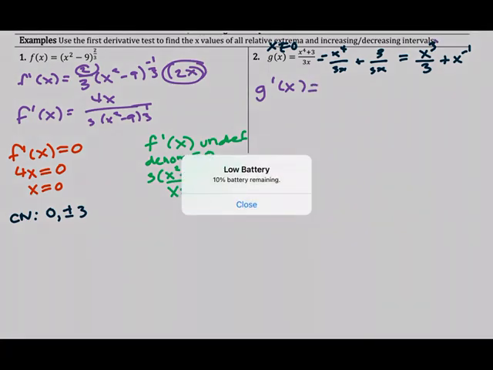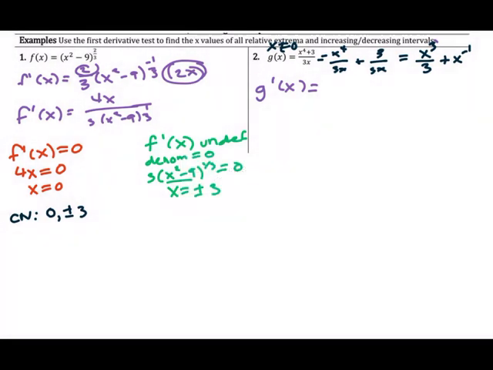If I take the derivative here, this 3 is going to drop down in front, and then it's going to divide out. So that's going to give me just x to the 2nd power. If I take the derivative of the second term, this is going to be minus x to the negative 2nd, which is the same thing as 1 over x squared.